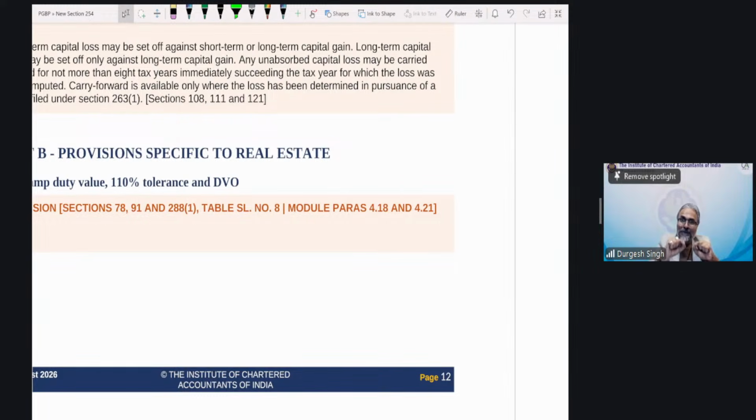This is how, students, you will revise your entire capital gains. Now see how capital gains becomes meaningful. Otherwise, if you read individually without an integrated approach, then every individual provision becomes a challenge. So this sort of integration, students, is what is required.